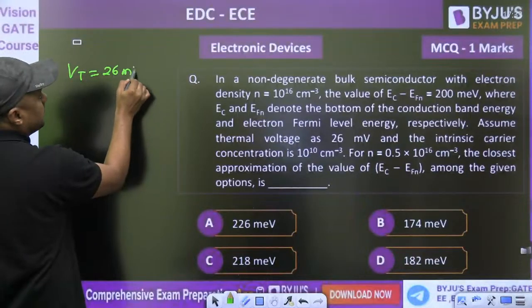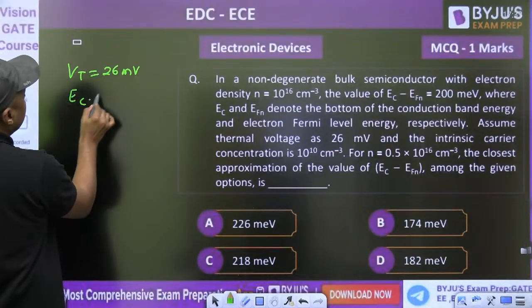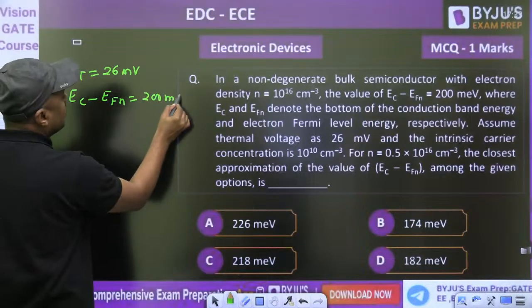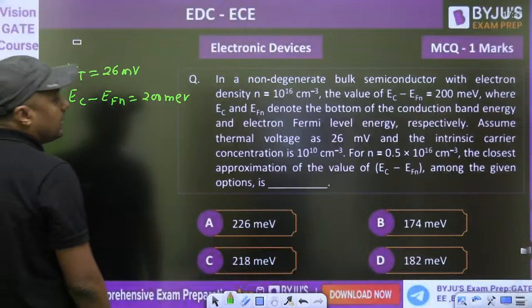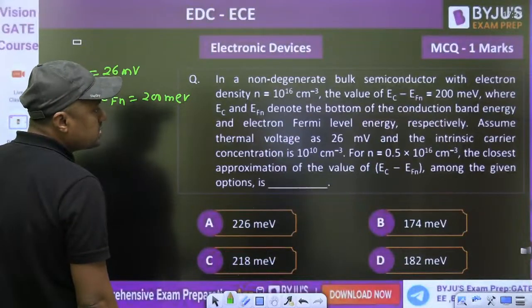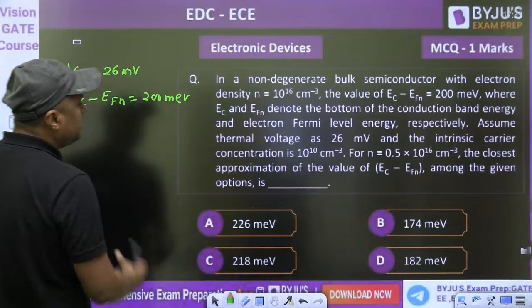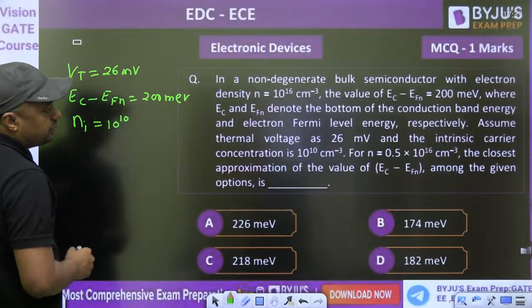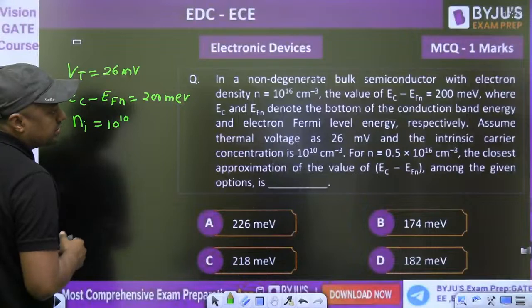The intrinsic carrier concentration is 10 to the power 10. In every numerical, we are using 10 to the power 10 per centimeter cube, but always check what is given in the question.